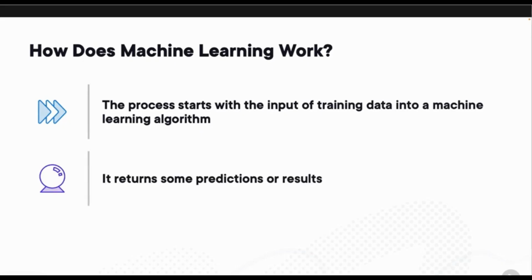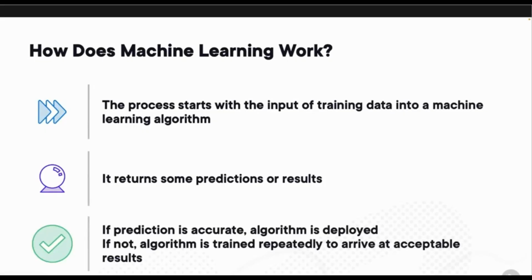Now, whenever input is provided to a machine learning algorithm, it returns a result value or predictions based on the model. If the prediction is accurate, it is accepted and the algorithm is deployed. But if the prediction is not accurate, the algorithm is trained repeatedly until acceptable results are reached. This enables the machine learning algorithm to continually learn on its own and produce the optimal answer, gradually increasing in accuracy over time.